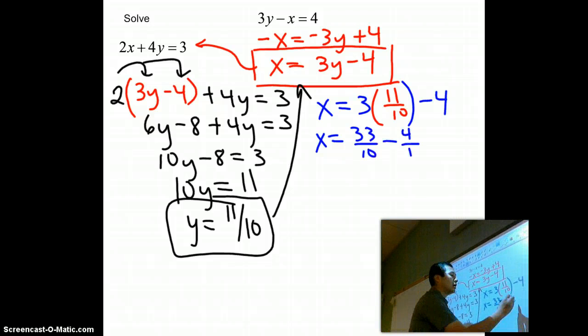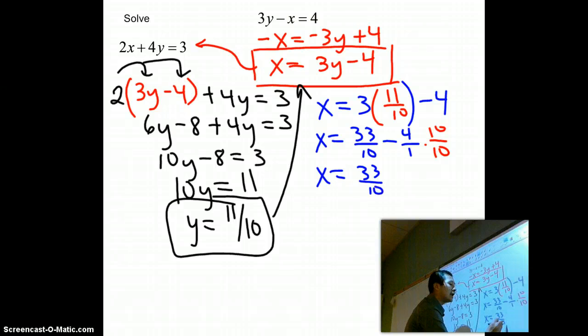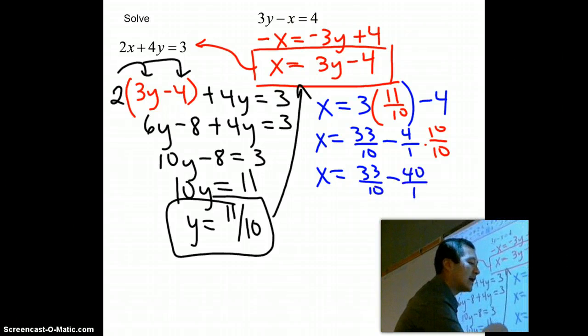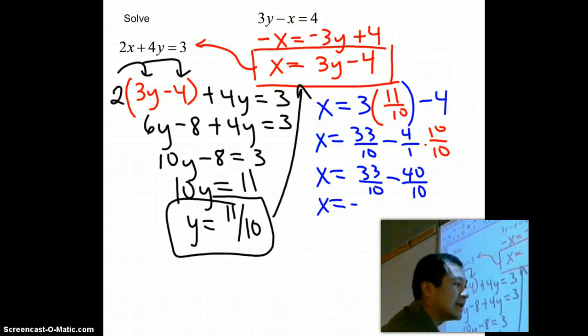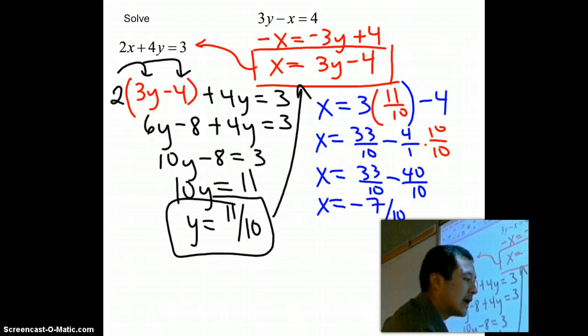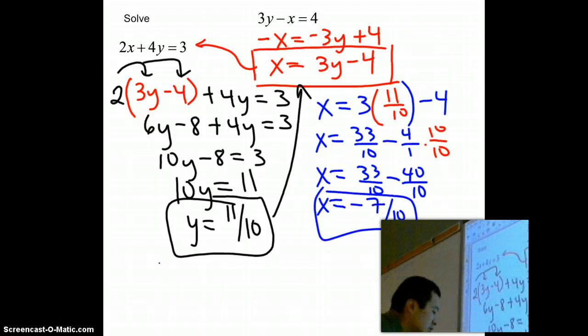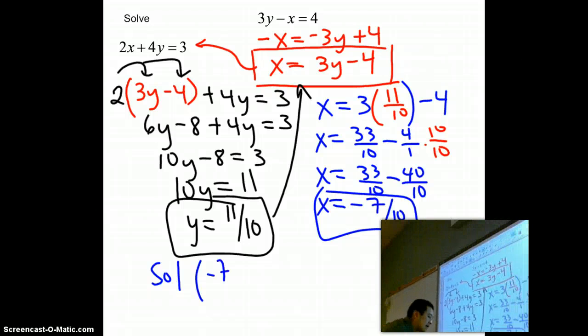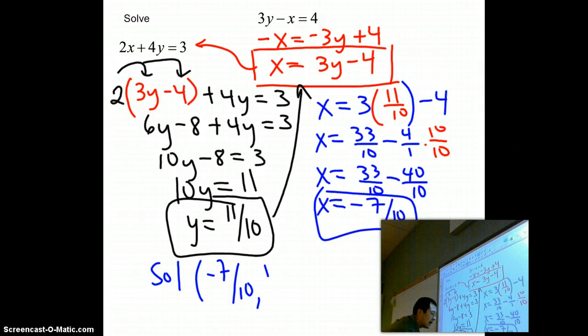Common denominator. Multiply 10 on top, 10 on bottom. x equals 33 over 10 minus 40 over 10. x equals -7 over 10. So my solution is -7 over 10, comma, 11 over 10.